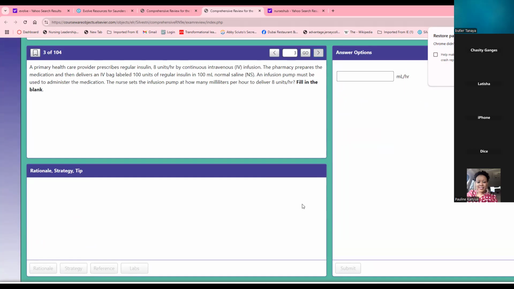All right, this one says the same thing. The nurse sets the pump at how many milliliters per hour to deliver 8 units per hour. So go ahead and do the math and see if you can get to the right answer here. Give everybody a little bit of time before you shout out the answer, and then I'll ask for it.